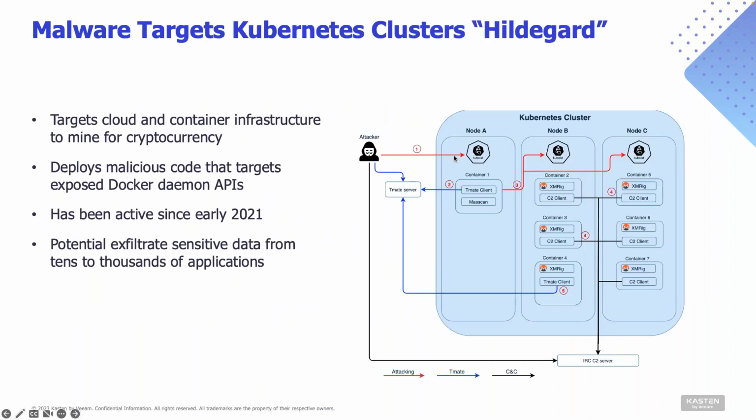In 2021, there was actually a Kubernetes-focused malware. We don't really see it in the news, but when company X has been attacked, the underpinning hardware is what is being affected. This malware is called Litter, and it targets cloud and container infrastructure.